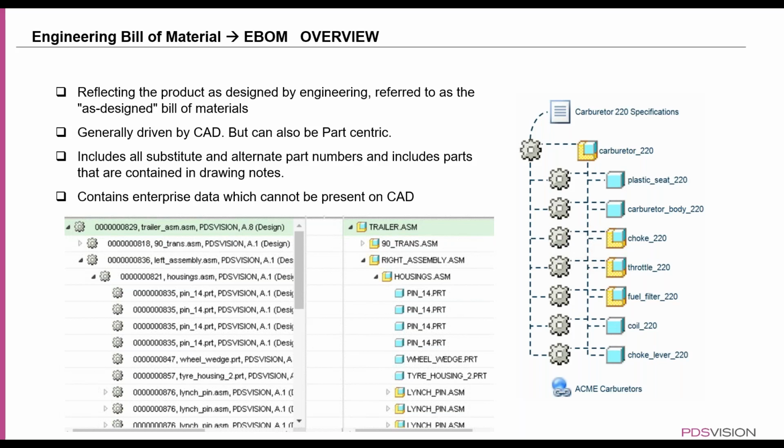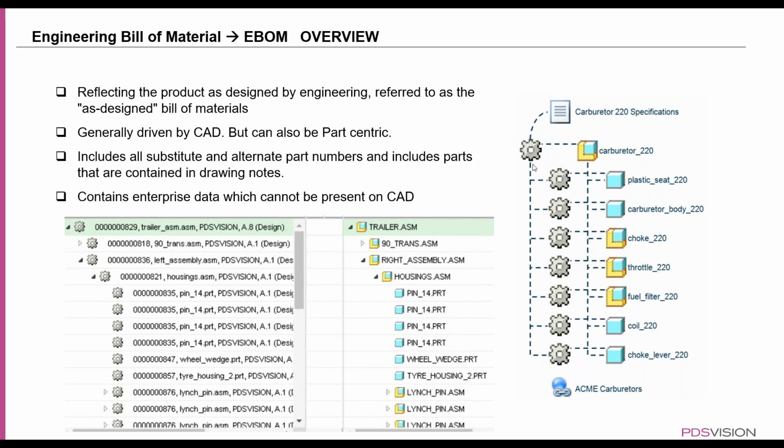So everything that has to do with design, this is what gets captured. And as I said, when you check in your CAD model, so this is the representation of your CAD model, it will automatically create this BOM structure for you.